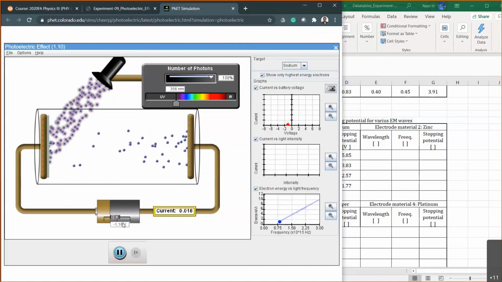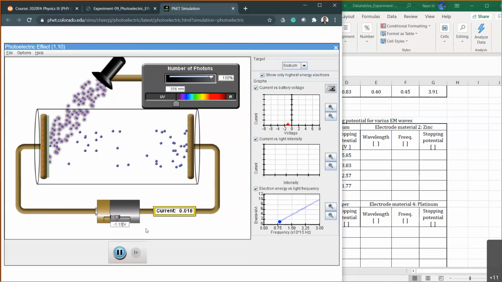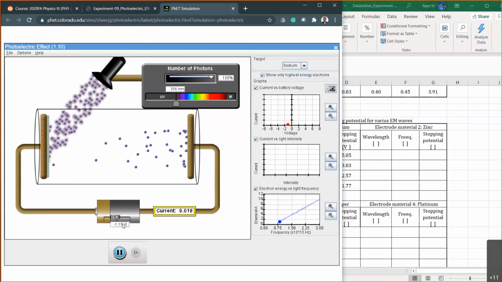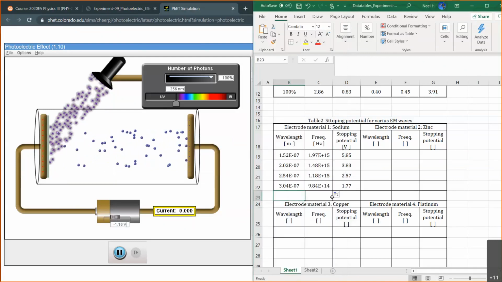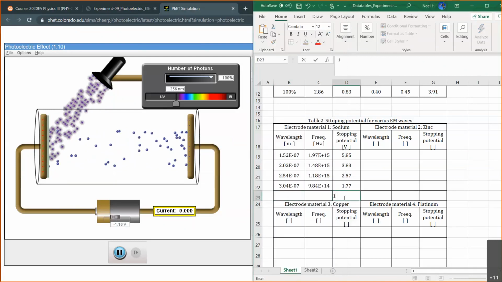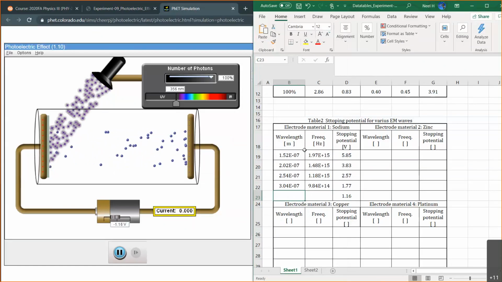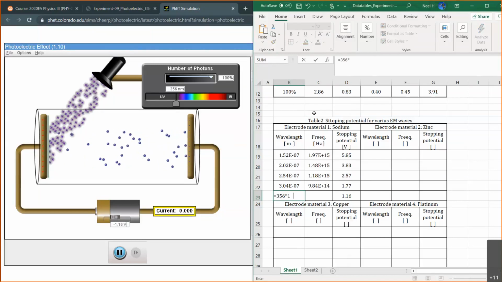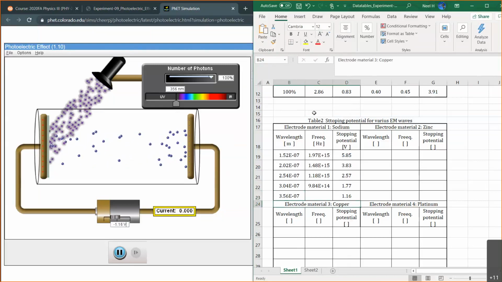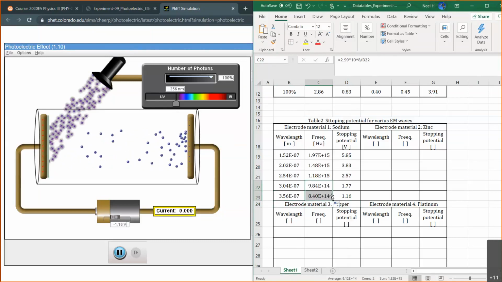Try with 1.16, is already 0. 1.15, there's a number. 1.16 is 0, right? So that's the best potential we can get, 1.16, and the wavelength 356. So equals 356 multiplied by 10 to the power minus 9. And you click and drag this one, then it will do the frequency automatically.